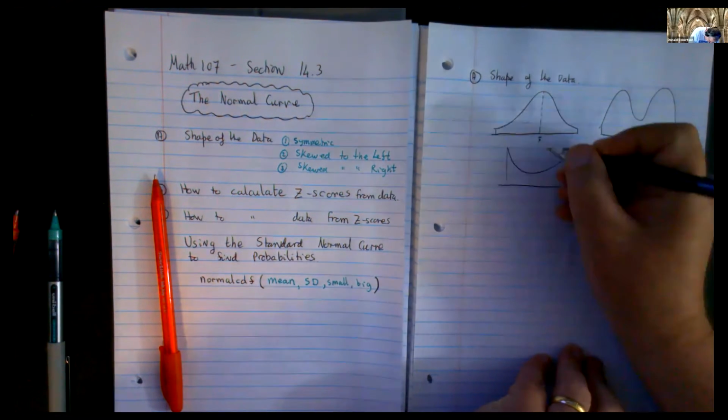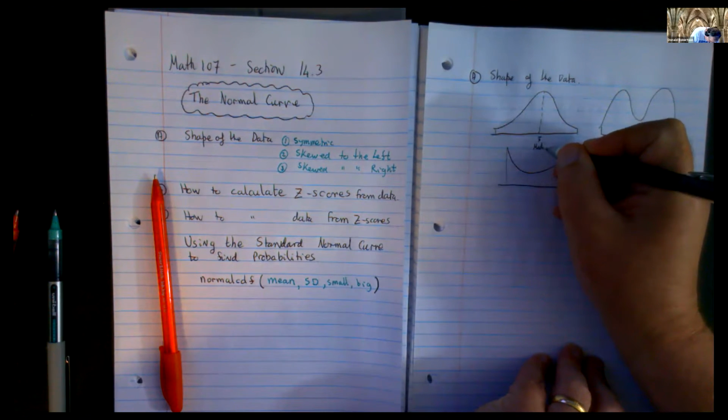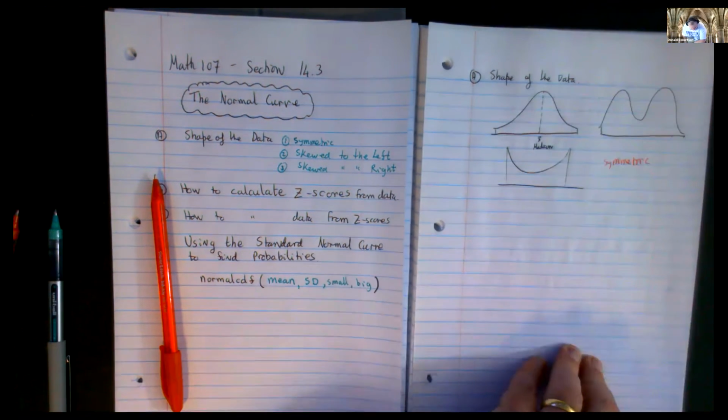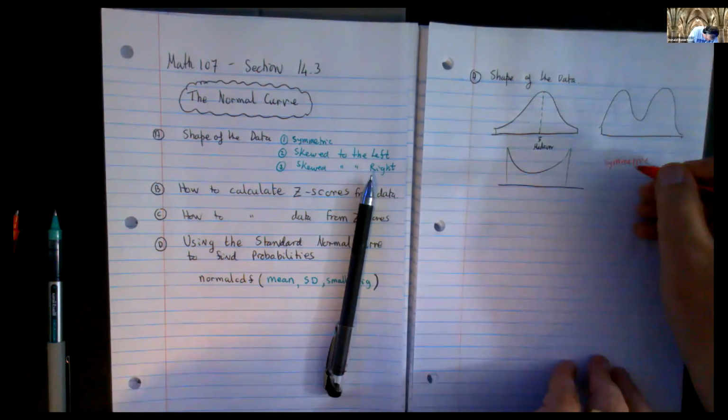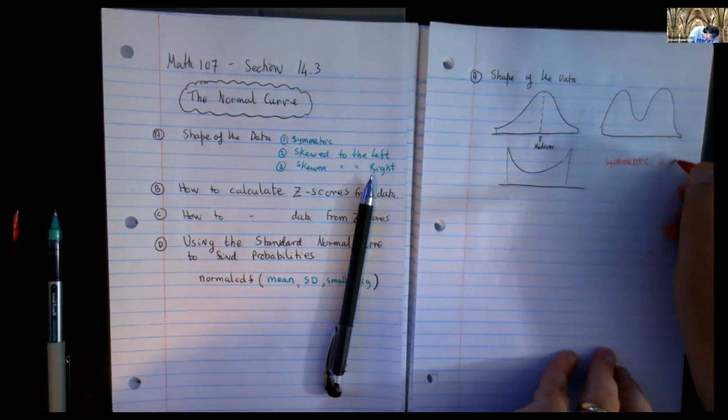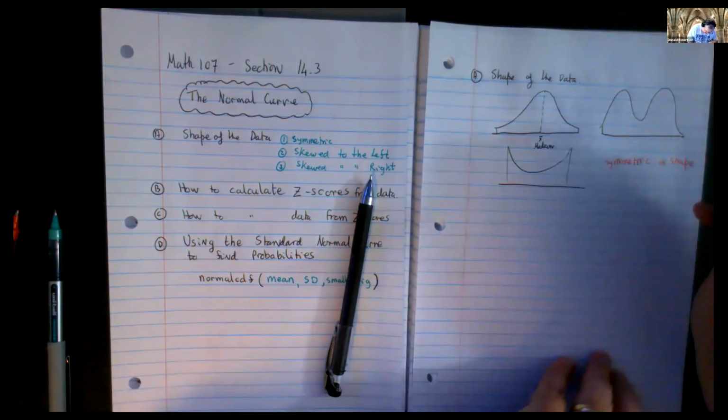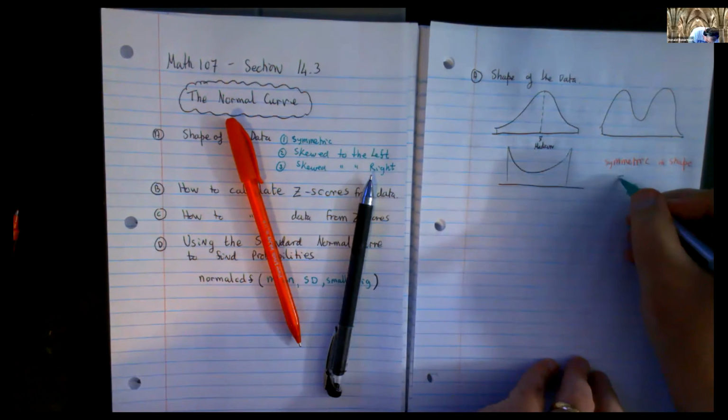And if you calculate the median, when it's symmetric data, they end up being the same number. So this is symmetric in shape. And the mean and the median end up being the same number.